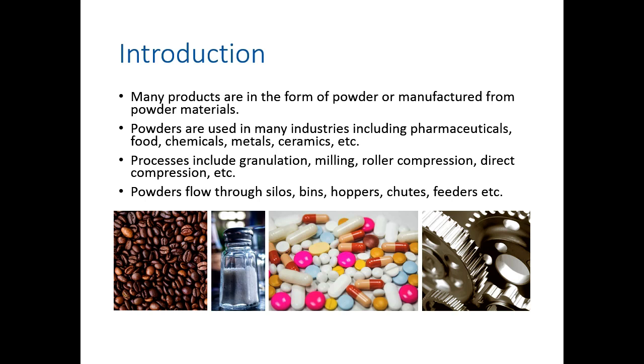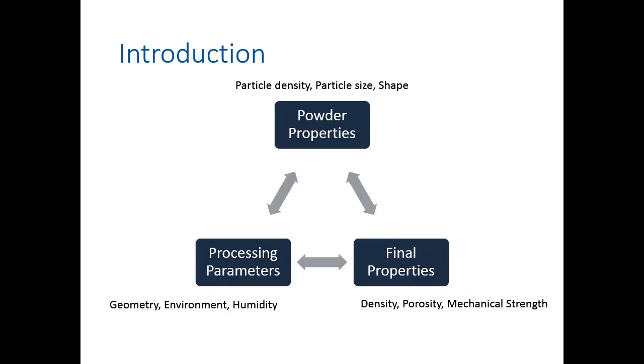In all of these processes we have the flow of powder, where the powder goes through silos, hoppers, chutes, feeders, whether it's a linear feeder or a rotary feeder. In order to design a final product with given sets of attributes, we would need to understand what the material properties are and how they influence the final properties of our product.